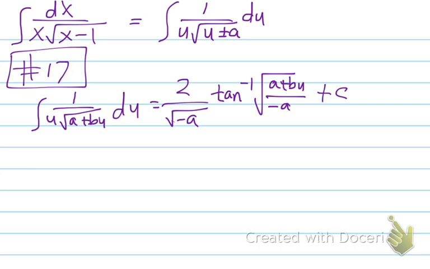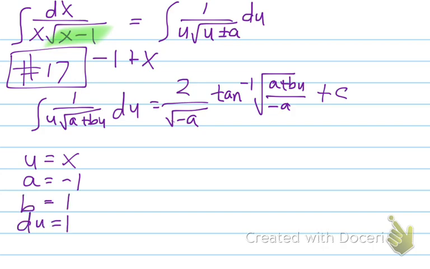So in this case, u is x. A, if we flip these here, it would be negative 1 plus x. So that means that a is negative 1. B is 1. And du is 1 dx.